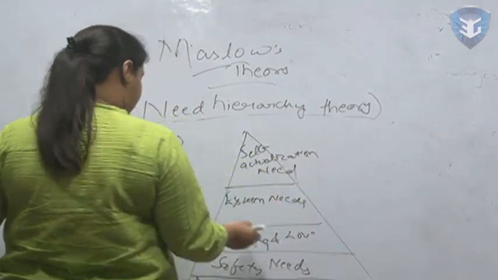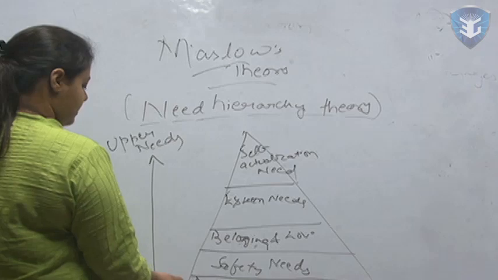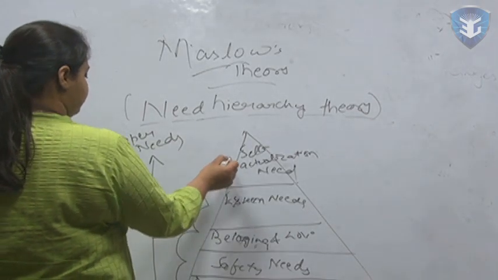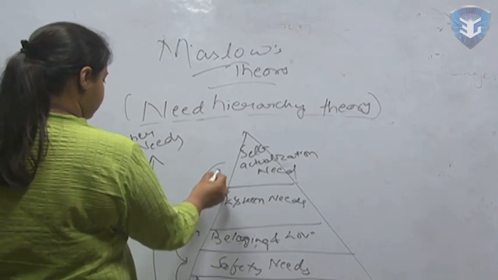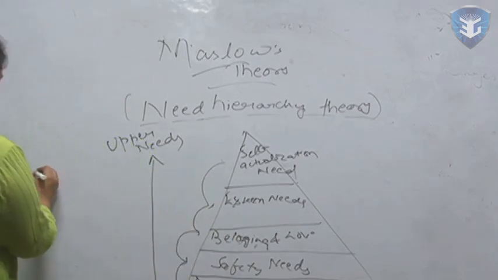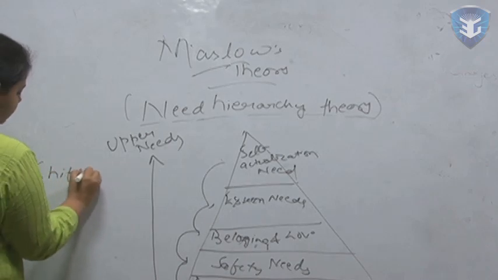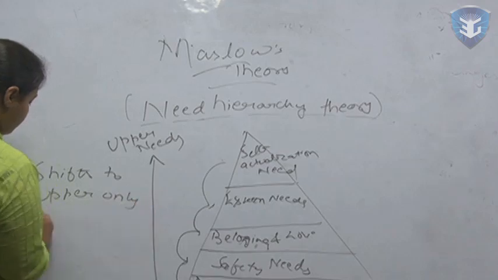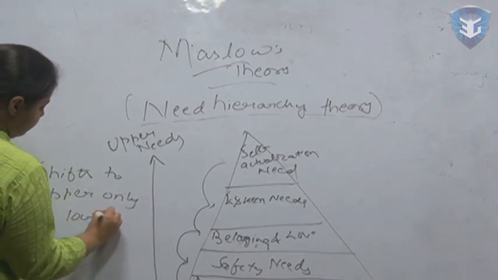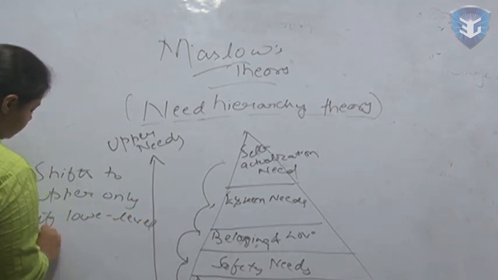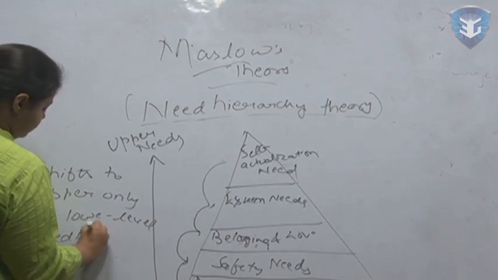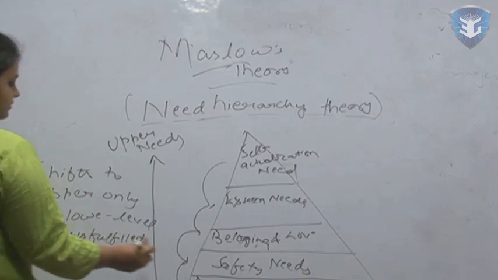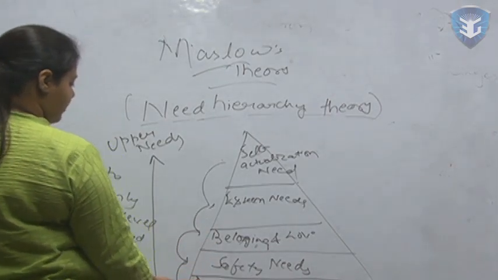It is assumed that all these needs follow a hierarchy starting from biological, safety, belonging, esteem and this. So, it is seen that in this theory, one person shifts to the upper level only if the lower level need is fulfilled. So, this is the basic assumption of this theory, that one person can shift to an upper level need only if the lower one is fully satisfied.